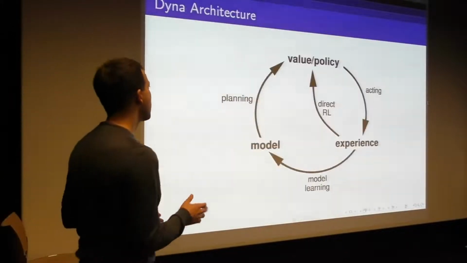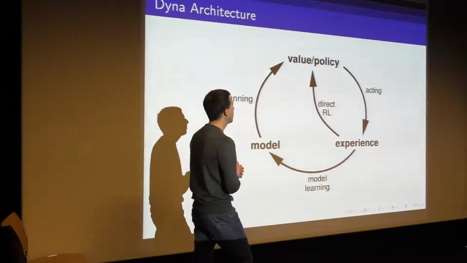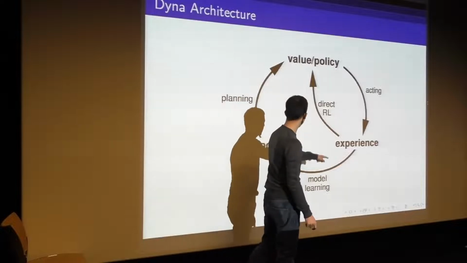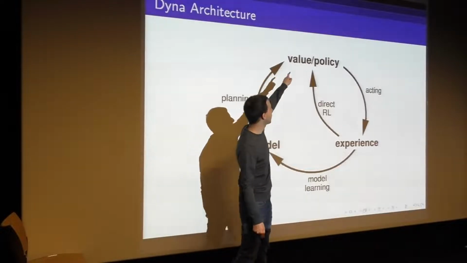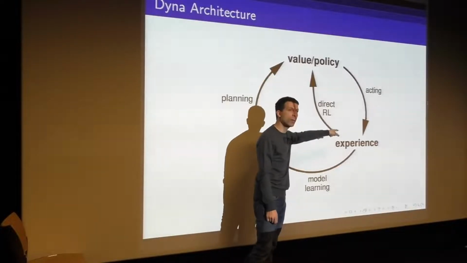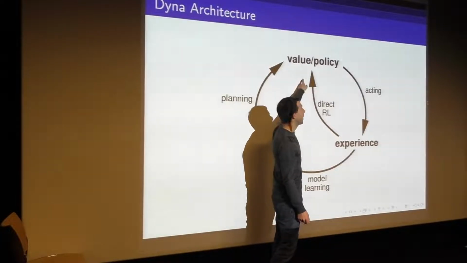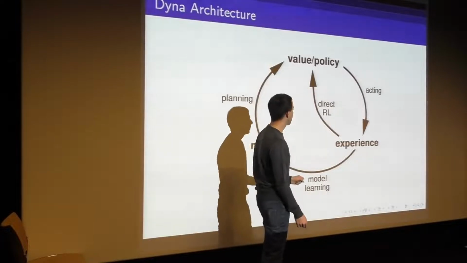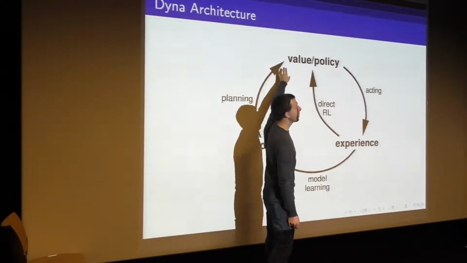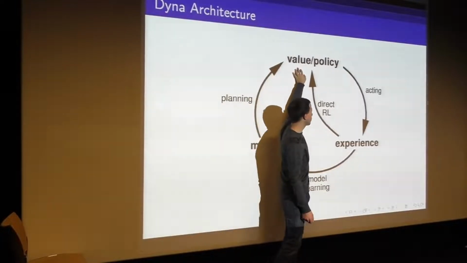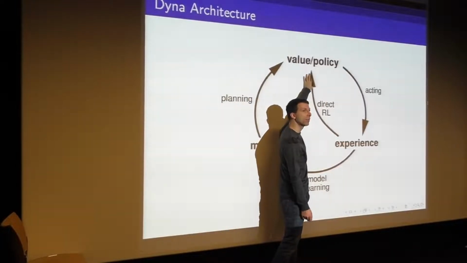It looks a little bit like this, where we've taken our model-based reinforcement learning loop, where we went from experience, learned a model, planned with that model to give us a value function, and acted in the real world to generate more experience. The thing we've added is this arc here, where in addition, we don't just learn our value function by planning with the model, we also learn our value function directly from the real experience in the real world.